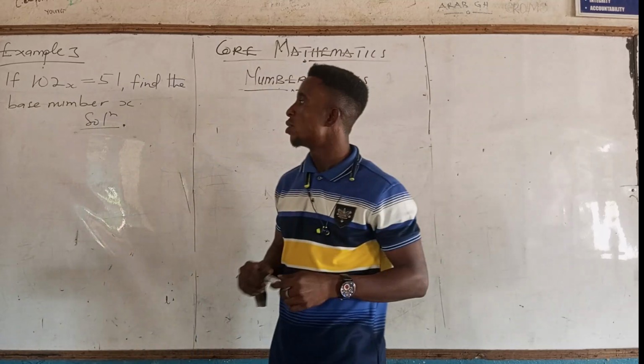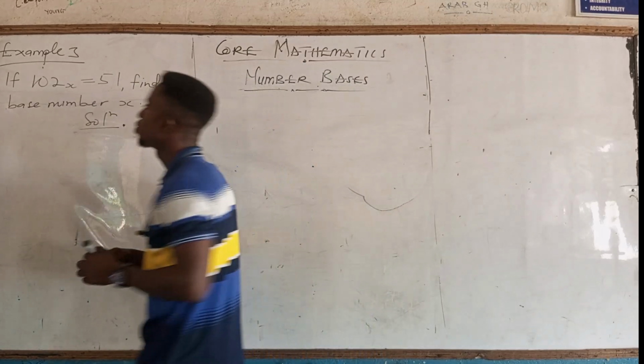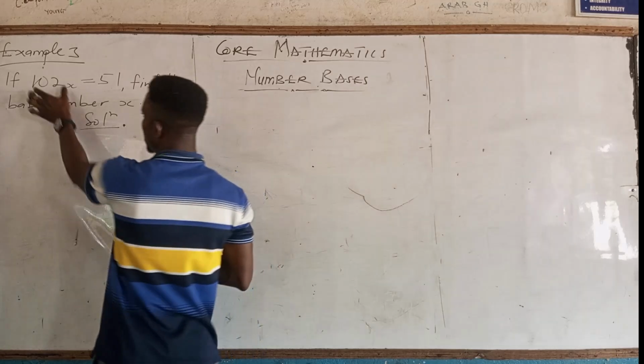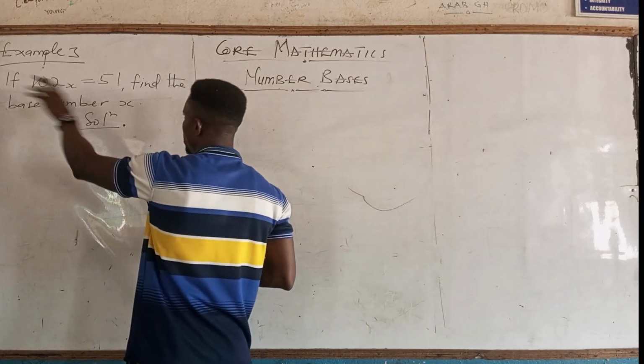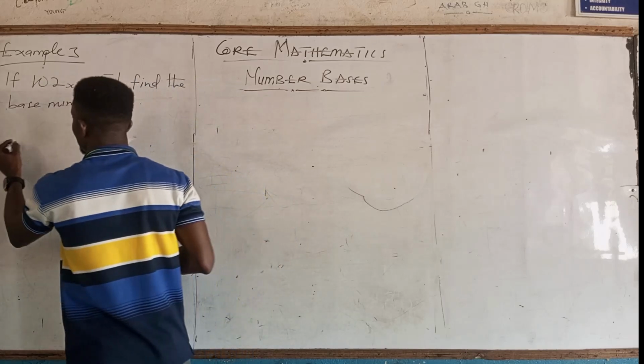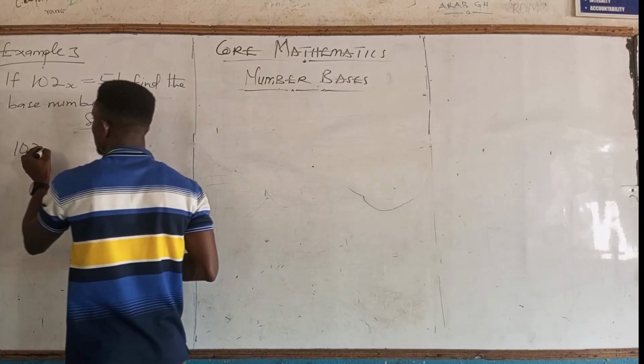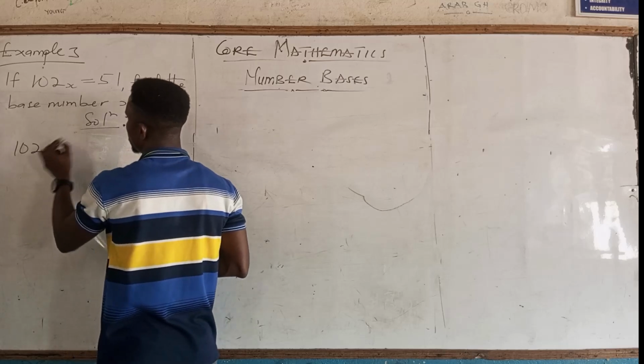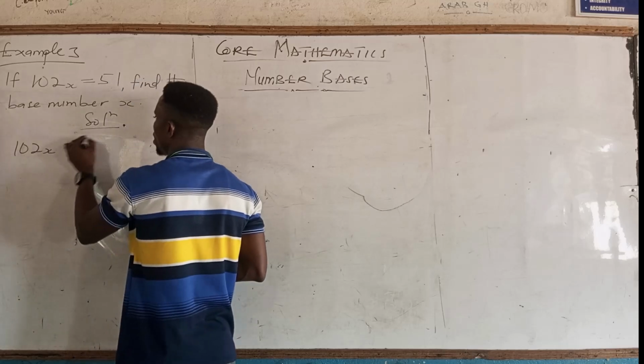Okay. So let's proceed. So having this one, what do we do? This one is not in base 10, it's another base, but this one is in base 10. So we leave this one like that and we convert this one. So I'll have 102 base x, which is equal to 51.